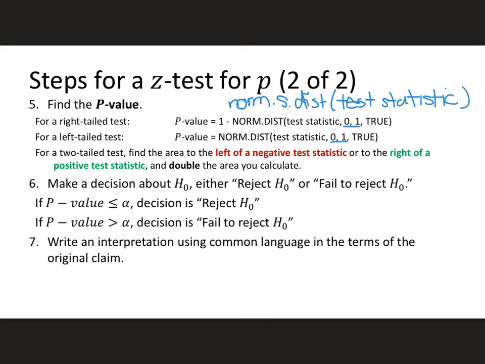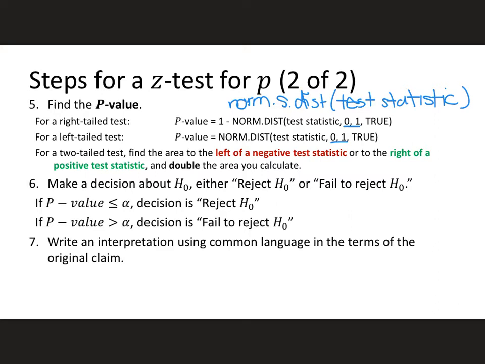So again, for a right-tailed test, we'll do 1 minus norm.s.dist, and then that test statistic. For a left-tailed test, you'll do norm.s.dist, and then just your test statistic.